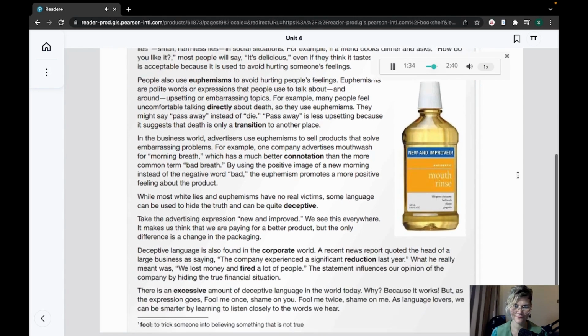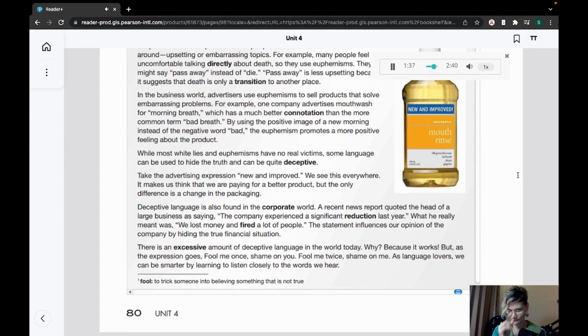While most white lies and euphemisms have no real victims, some language can be used to hide the truth and can be quite deceptive. Take the advertising expression new and improved. We see this everywhere. It makes us think that we're paying for a better product, but the only difference is a change in the packaging. Deceptive language is also found in the corporate world. A recent news report quoted the head of a large business as saying, "The company experienced a significant reduction last year."